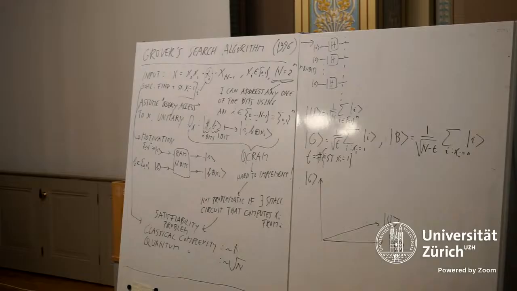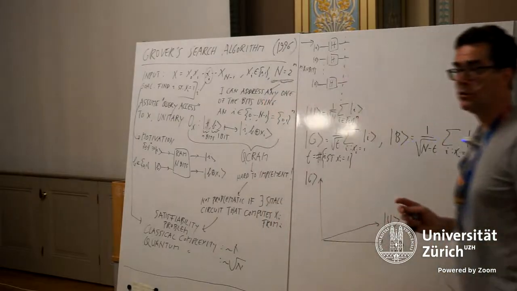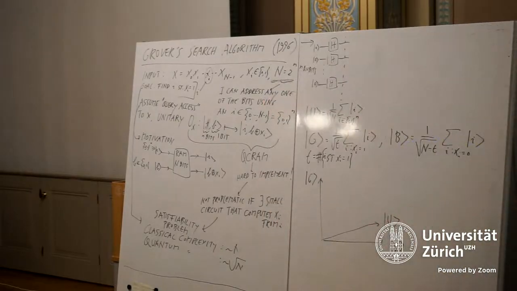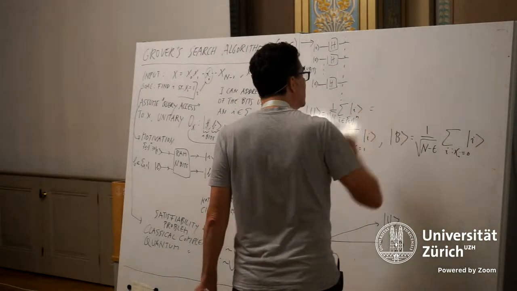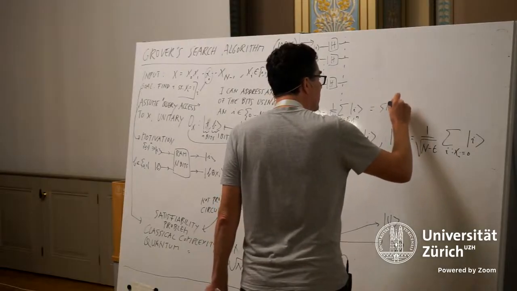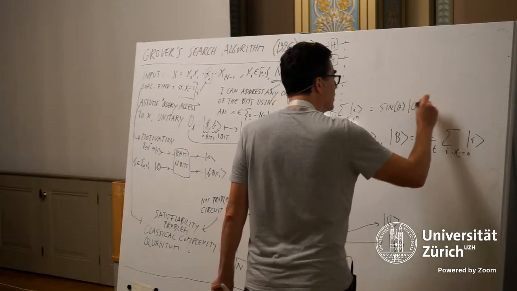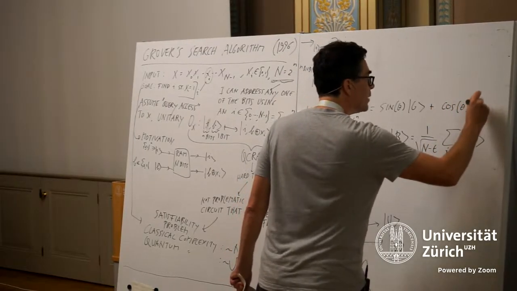And you may notice that I have drawn the uniform state in this picture, suggesting that it is a linear combination of the good state and the bad state, and it really is. So you can write the uniform state as sine of some angle theta times the good state plus cosine of that same angle theta times the bad state.